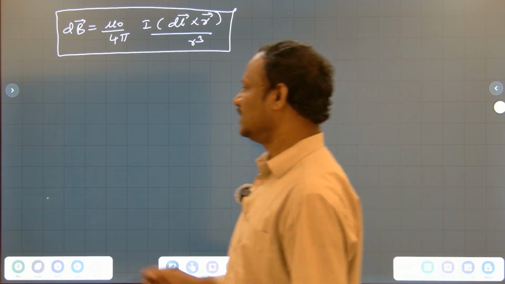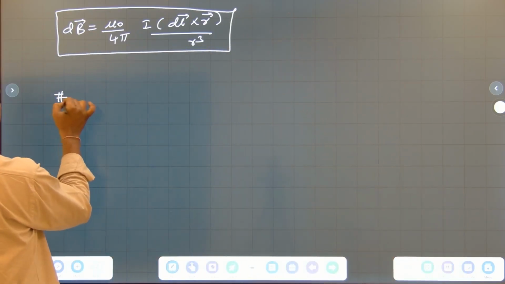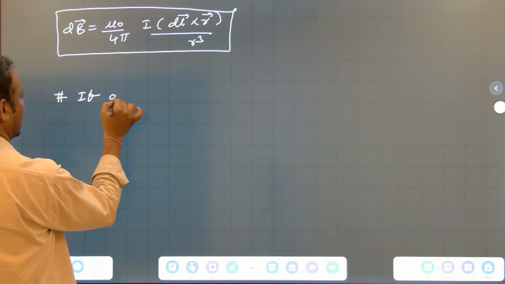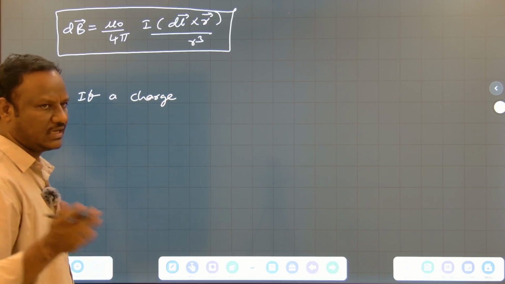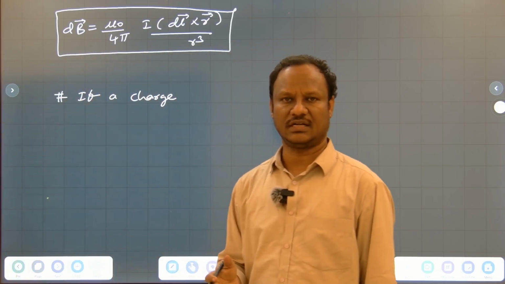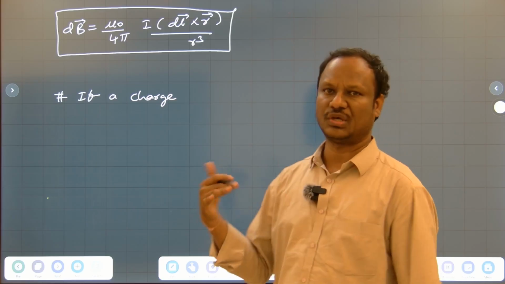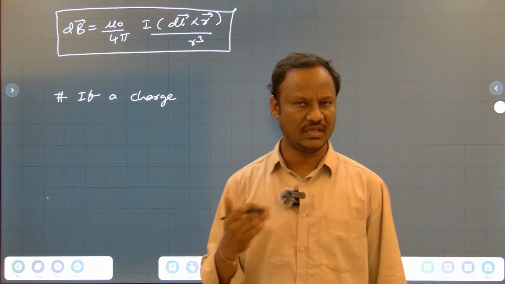And the next condition is when a charge is moving. Inside a straight current carrying conductor, the direction of positive charge is what we consider the direction of the current.